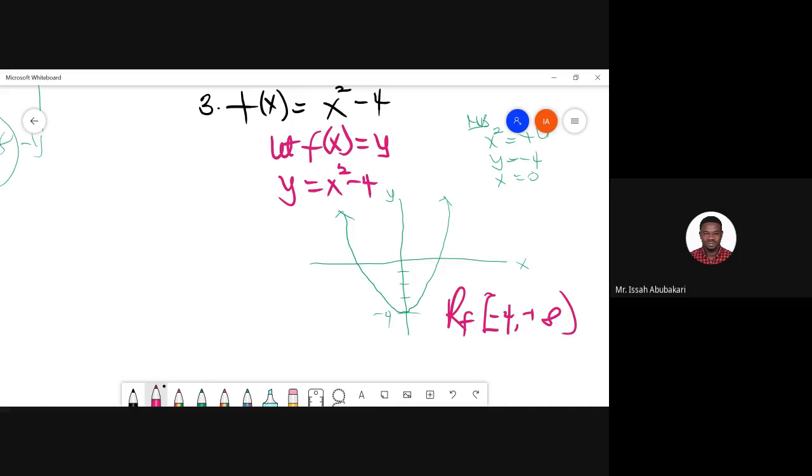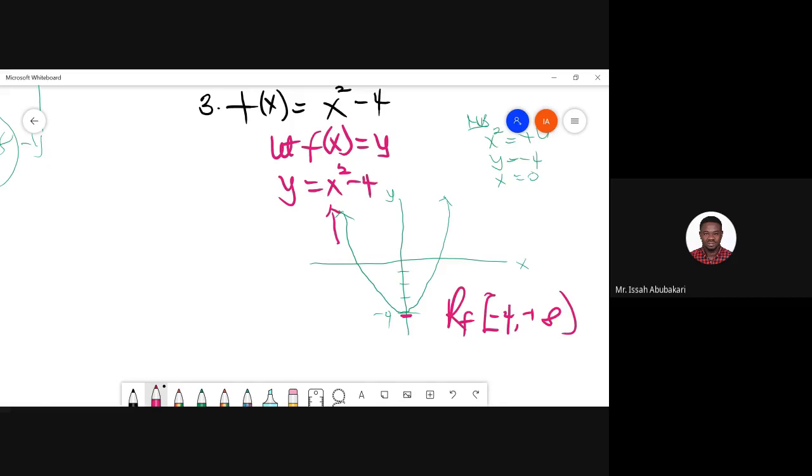We are using this bracket because we know it is minus 4 here. And then we write positive infinity because this one goes to positive infinity for y. Mind you, when we are solving for the domain, we consider only x values. When we are solving for range, we consider only the y values.